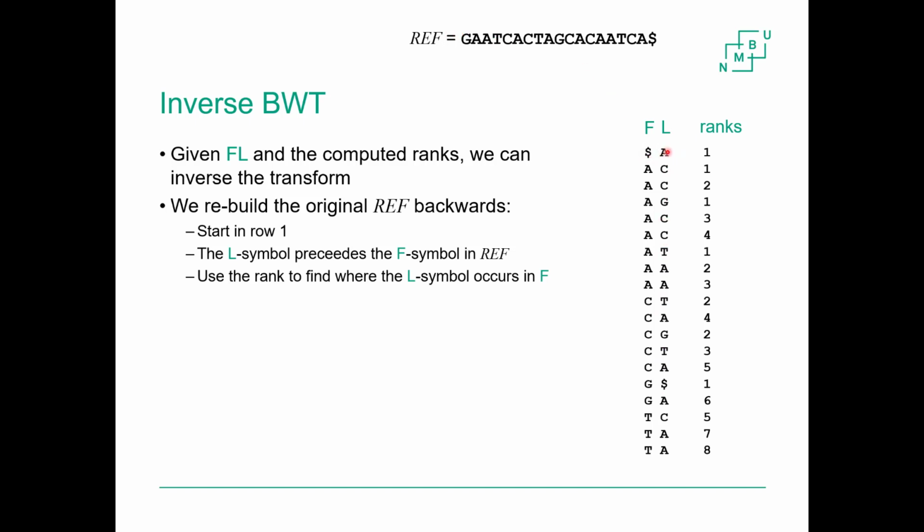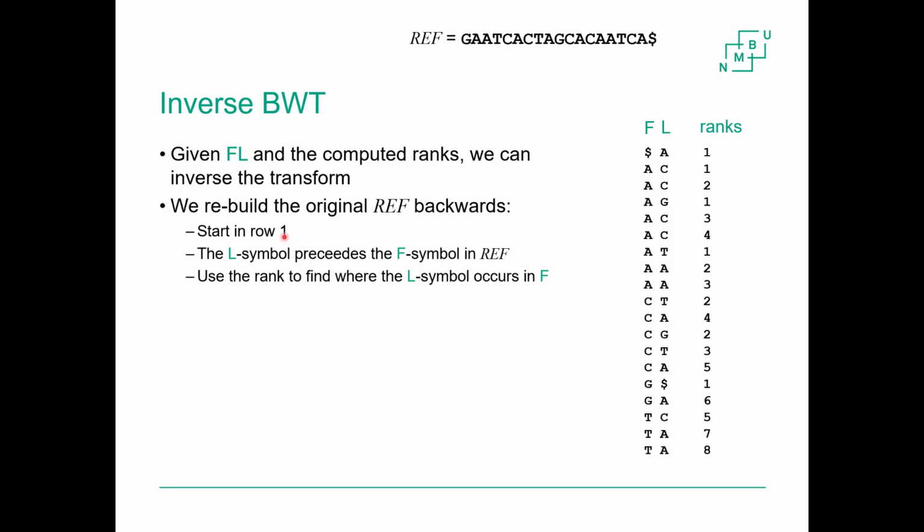If you look at the symbols, A, C, C, G, C, C, it doesn't look at all like this one if you read this one from the beginning. But there is a simple relationship between them. And this is how you can transform from this one back to this one.